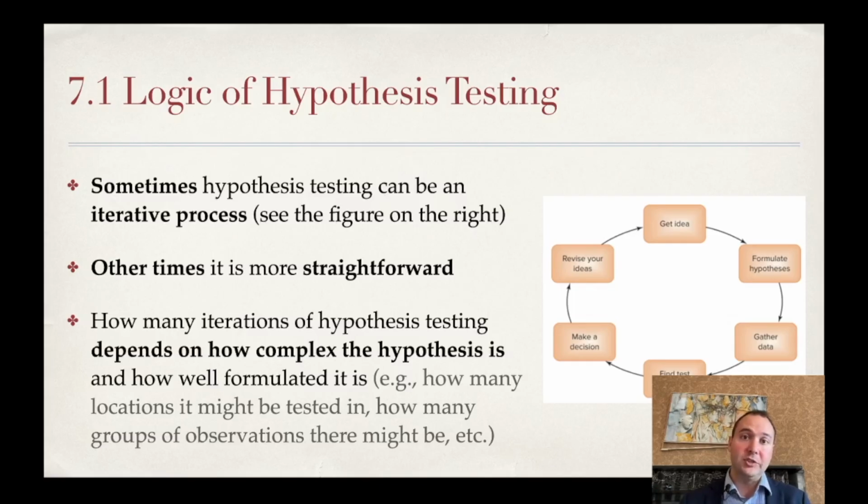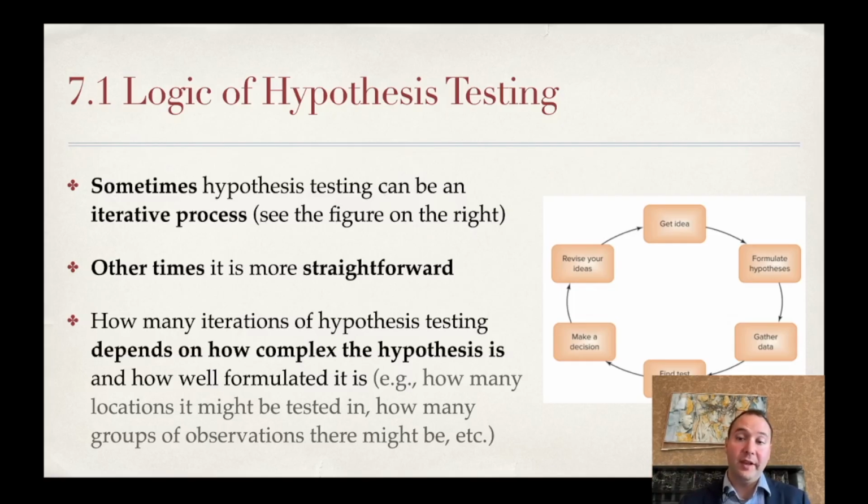Then we make a decision depending on how our test statistic either supports or does not support our initial assumption. After we make a decision, we might revise our ideas, particularly if our assumption was untrue. This can be an iterative process because we may learn new things about our population that we're testing.